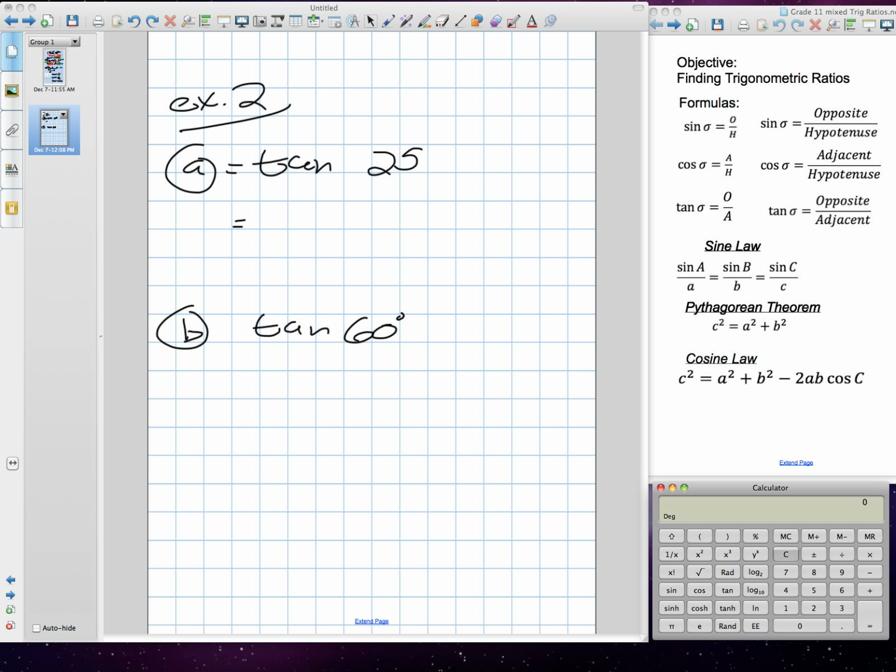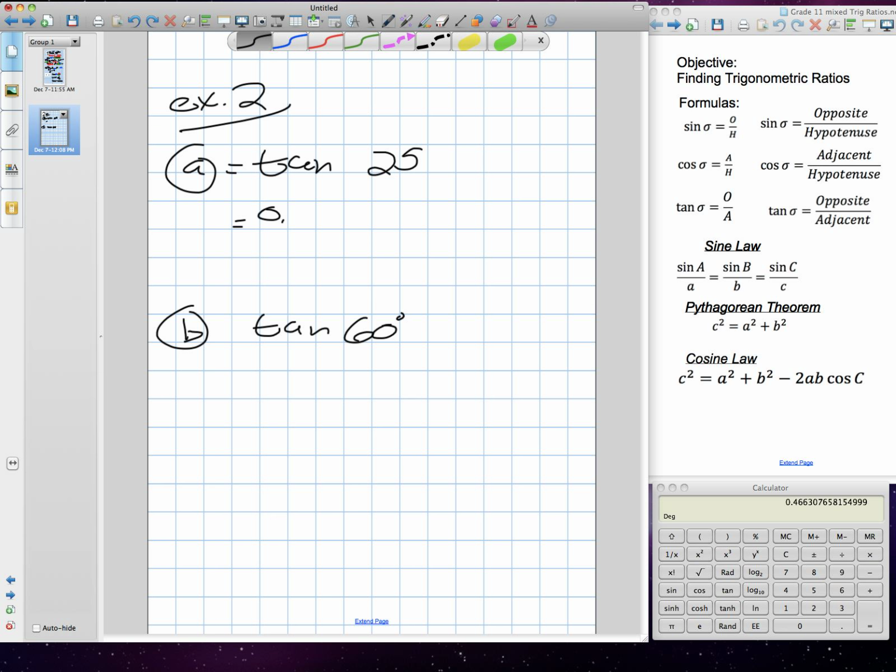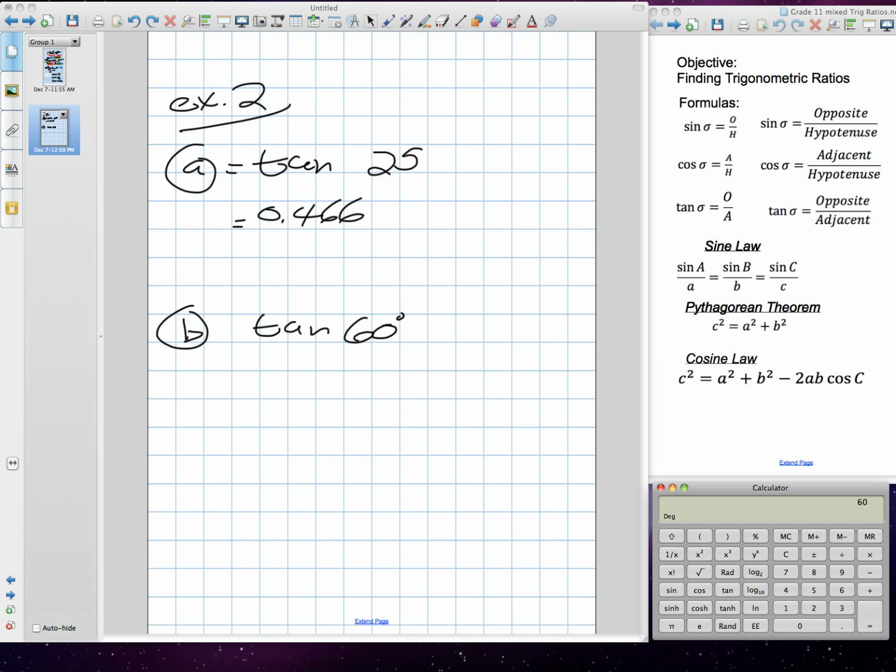Okay? Figure out which way yours works. Just tan, T-A-N. Right? So I type it in. Tan 25 is equal to, good. Let's try tangent 60 is equal to 1.73.